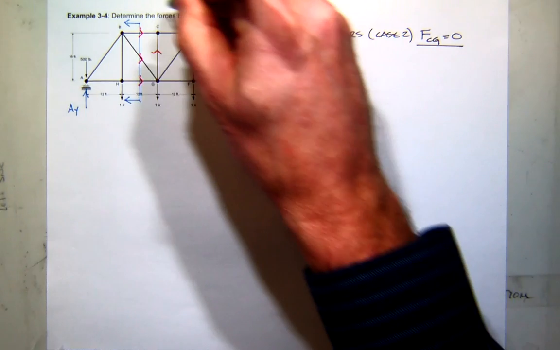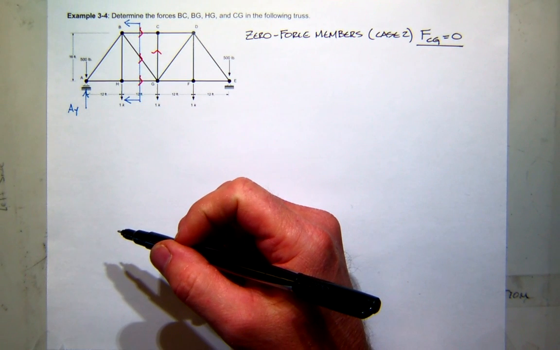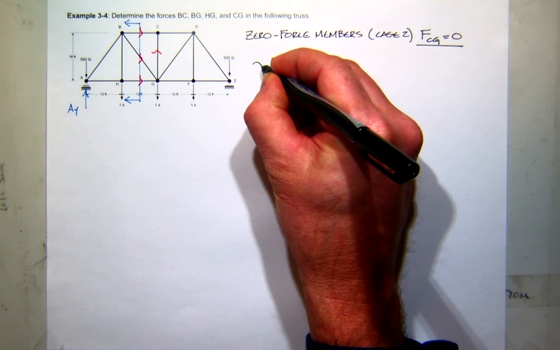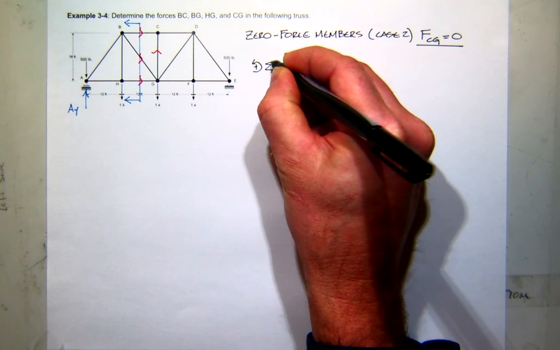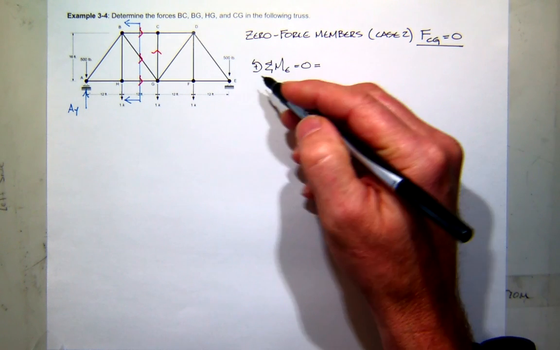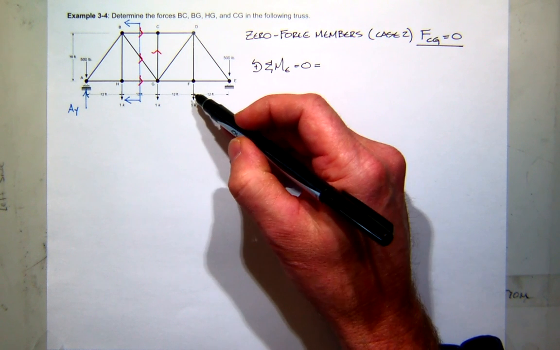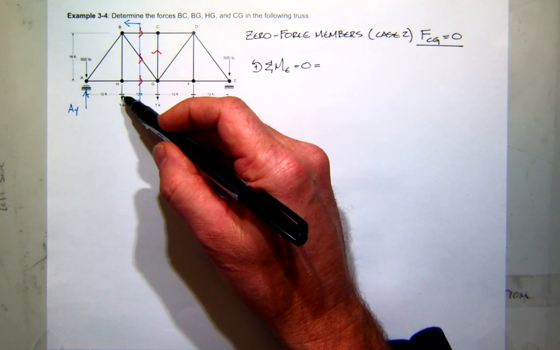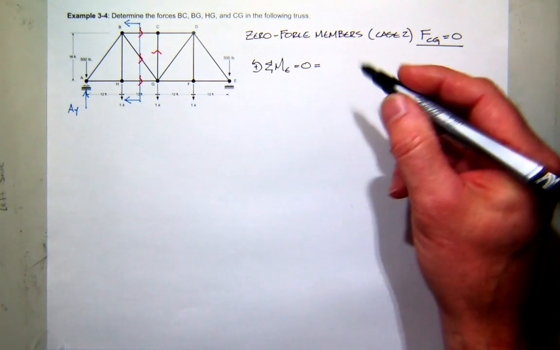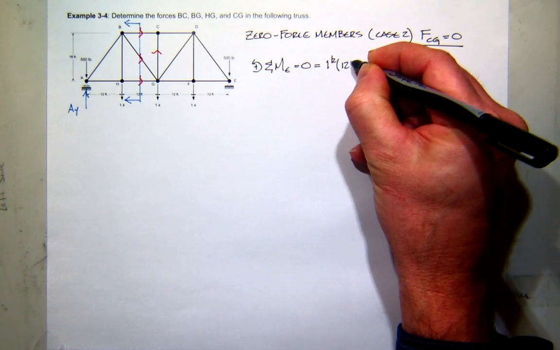So looking at a free body diagram of the whole structure, how can I find AY? There's a pin at E, so I'm going to sum moments at E. So when I do that, this 500-pound force passes through E, and then I have 1, 2, 3 one-kip forces creating moment about E, all positive. So the first one would be 1 kip with a moment arm of 12 feet.